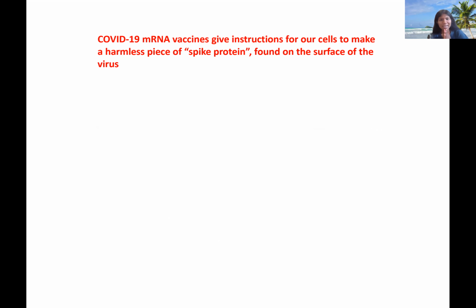This COVID-19 mRNA vaccine gives instructions to our cells to make a harmless piece of the spike protein that is found on the surface of the virus. We all know that the COVID-19 virus has a spike protein.